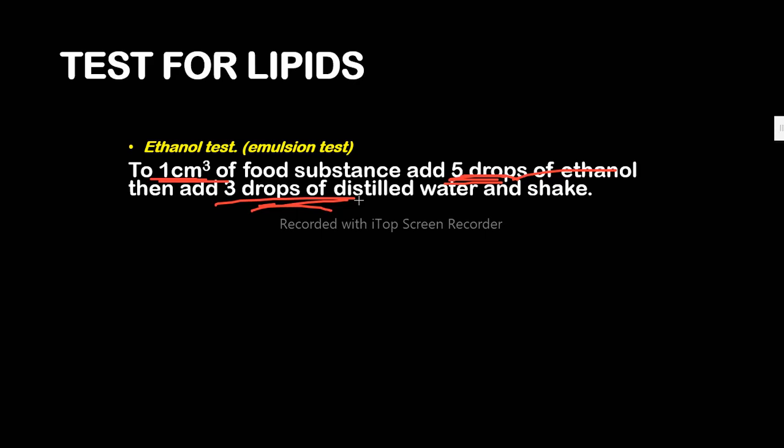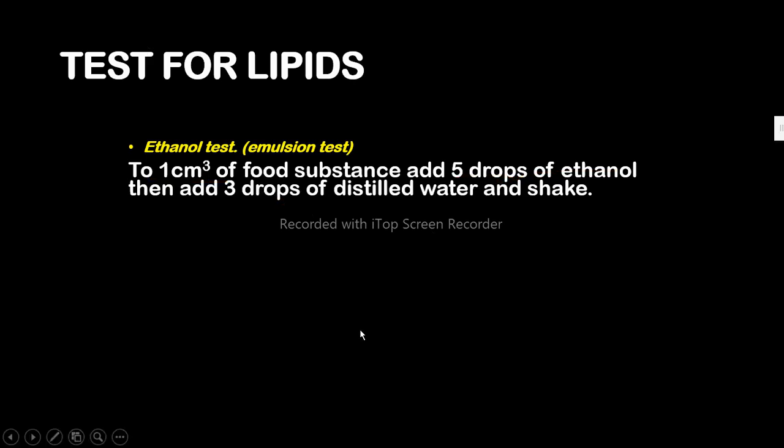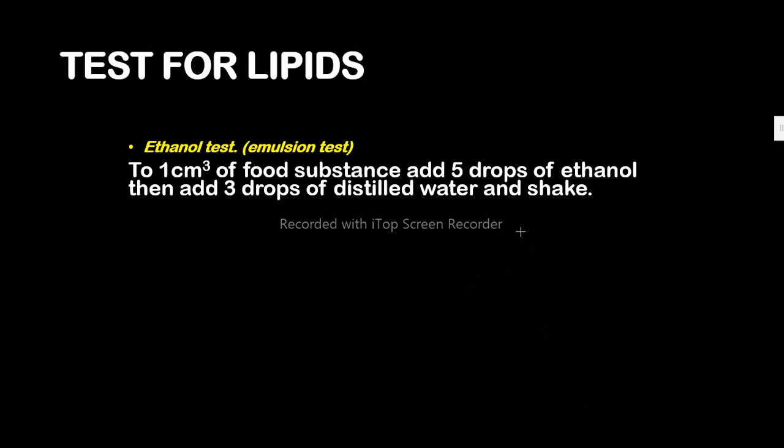If a creamy emulsion is produced, then you know that lipids are present. But if a creamy emulsion is not produced, like cream, this time, okay. You know cream, when the lipid is normal, then it will turn into cream.